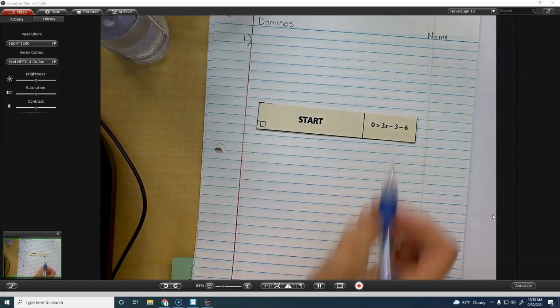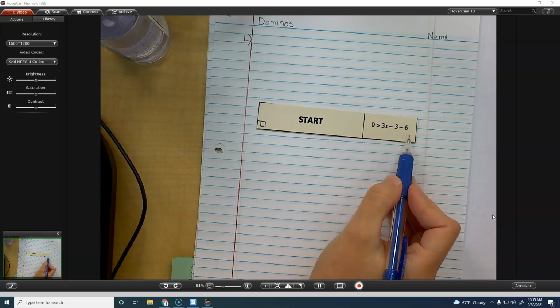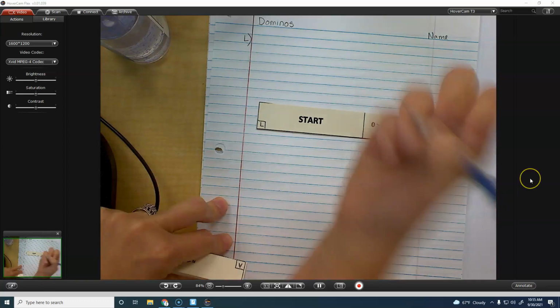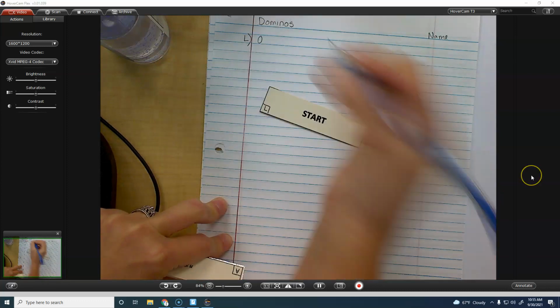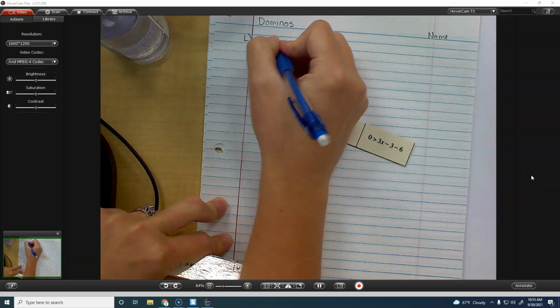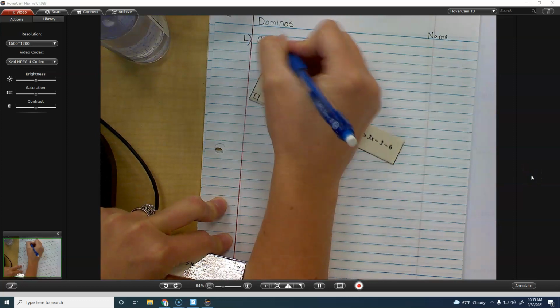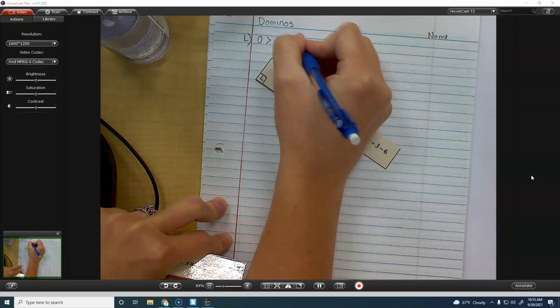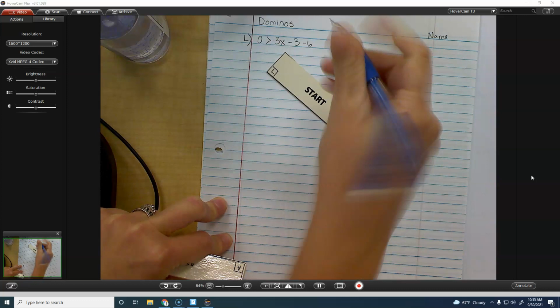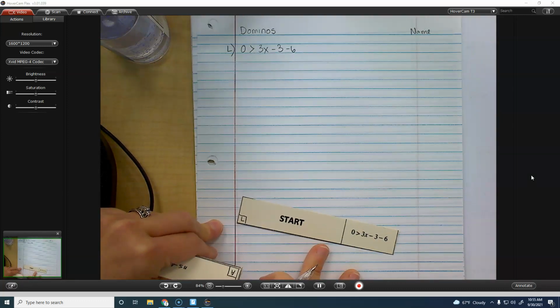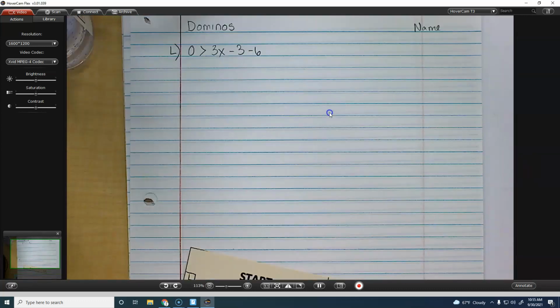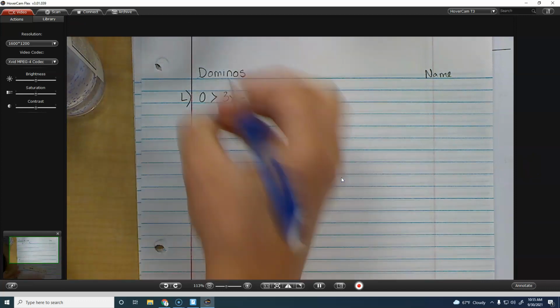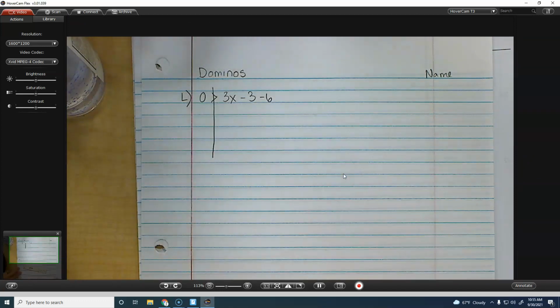So I'm going to solve the equation that is here on this domino. So I will have 0 is greater than 3x minus 3 minus 6. Okay, so I'm going to solve this inequality. So the first thing I would do is distribute, but is there anything to distribute?